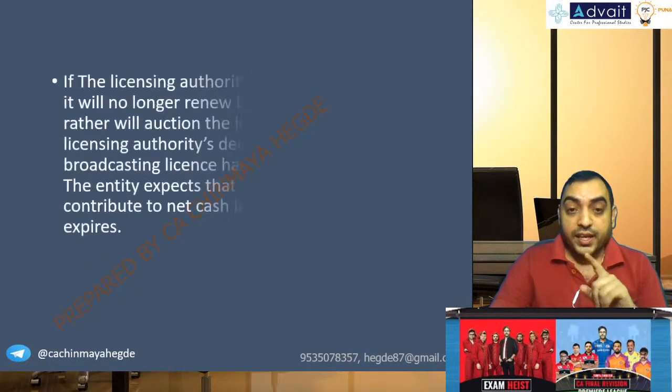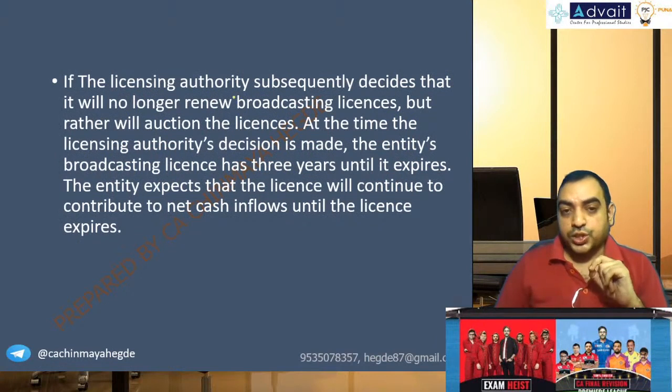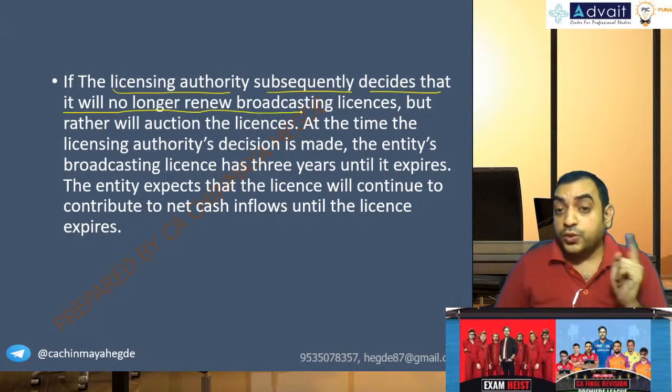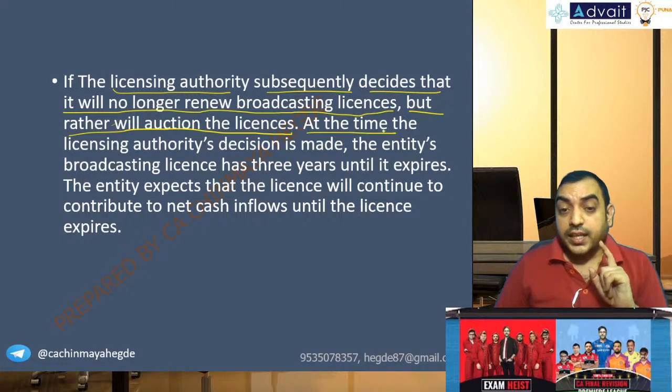Okay, now you read the next question, continuation of the same thing. If the licensing authority subsequently decides that it will no longer renew the broadcasting license but rather will auction the license, at the time the licensing authority decision is made, the entity's broadcasting license has 3 years until it expires.